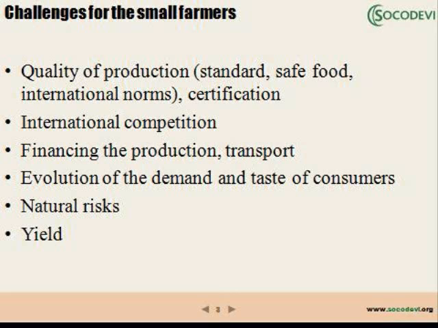The second challenge is they are facing international competition. When a small farmer, let's say in Colombia, is producing coffee, he has to face the competition from neighboring countries like Peru or Brazil, but also from Vietnam. And it's hard for them to know exactly what the others are making or what the impact of the others' production is on the international market.